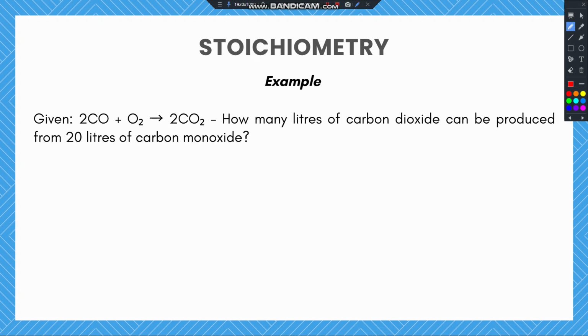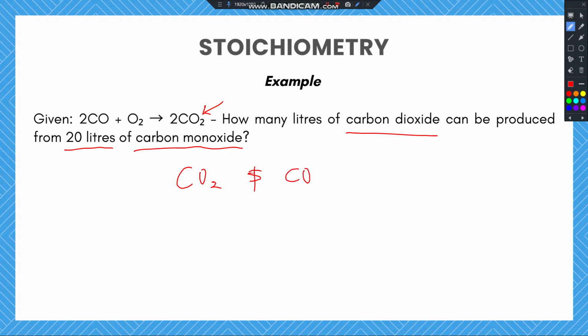The next example on the screen, having this balanced chemical equation, it says how many liters of carbon dioxide can be produced from 20 liters of carbon monoxide? So let's write out the mole ratio. How many liters of carbon dioxide? We have CO2 first, and then we have carbon monoxide, CO, next.